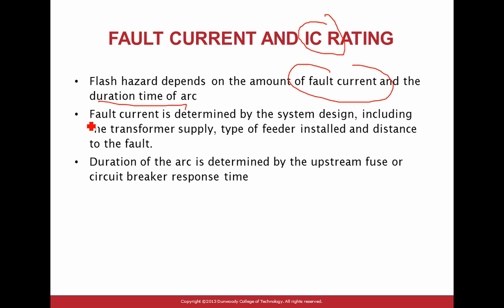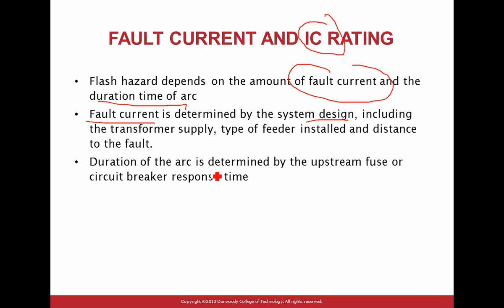Somebody asked about the fault. The fault is typically determined by the design engineer. We have software called SPM. What they do for a building like yours, they come and take the power, put it in the building and tell you, yep, this will be category 0, 1, 2, 3, or 4. Based on the calculation that we do with the short circuit coming from Xcel Energy to your building and the feeders in between, and where this piece of equipment is located compared to the service, how far it's located from the service, what type of feeder, how big of a feeder, all these will decide the short circuit.